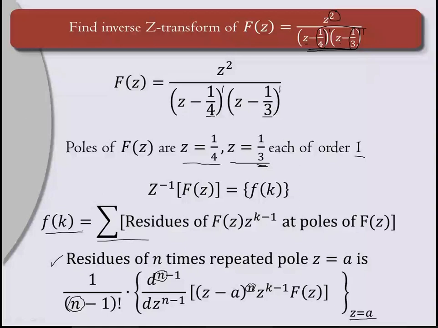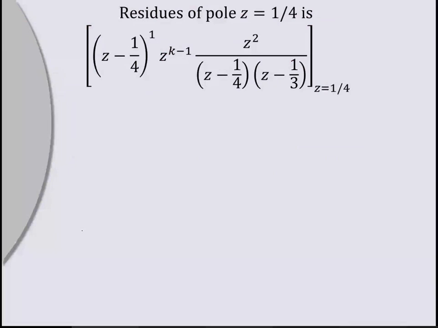So the residue at pole z equal to 1 by 4 is 1 upon 0 factorial, that will be 1. Zero derivative means only the original function: z minus a raised to n, that is z minus 1 by 4 raised to 1, z raised to k minus 1 into f of z, all this at z equal to a. A is 1 by 4, n is 1.